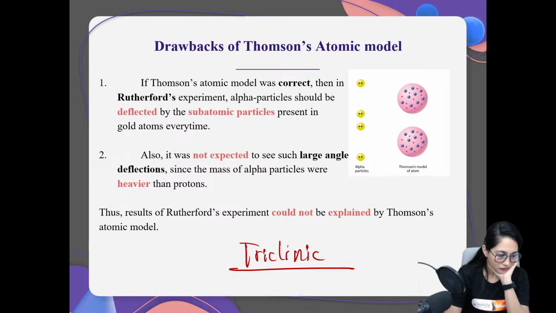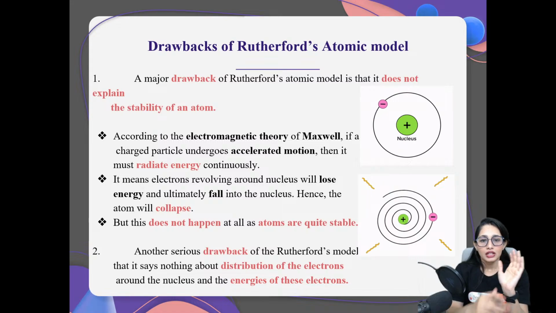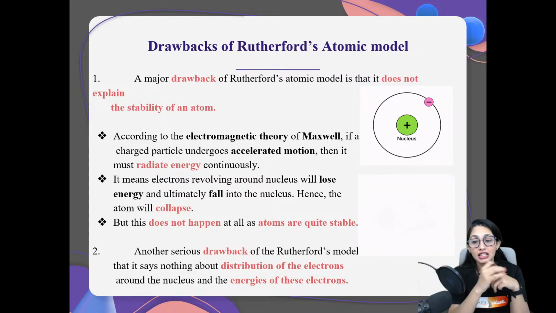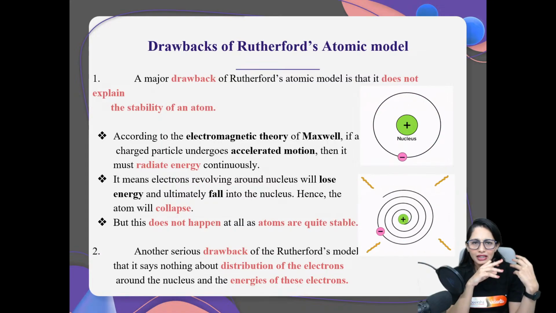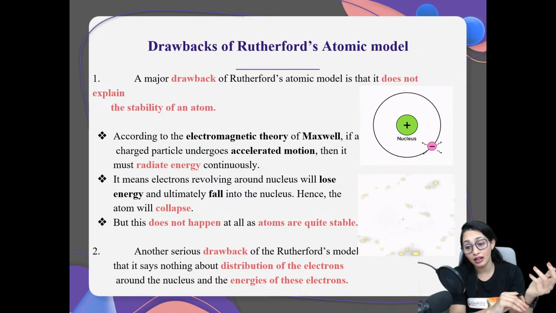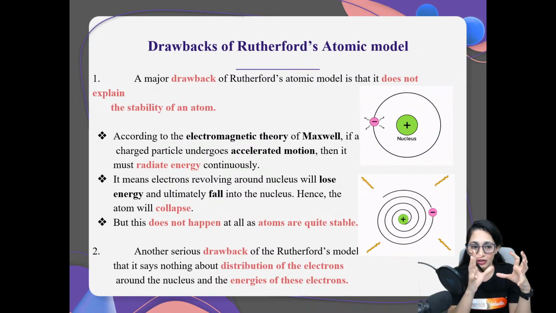Drawbacks of Rutherford's atomic model. The major drawback was that it could not explain the stability of an atom. He didn't mention anywhere how an atom is a stable substance.